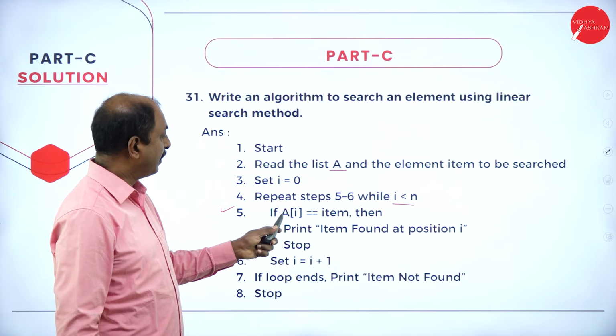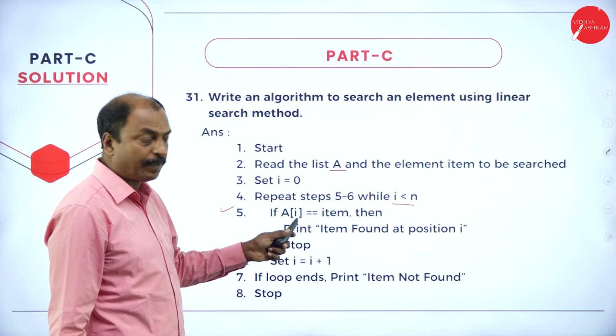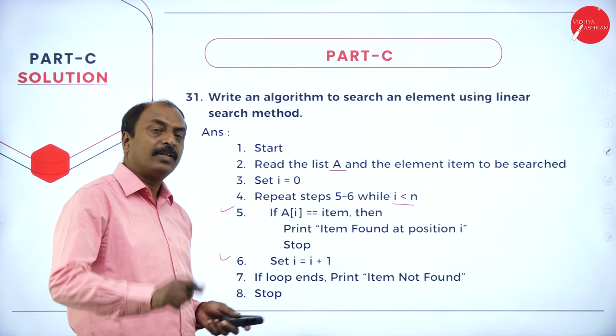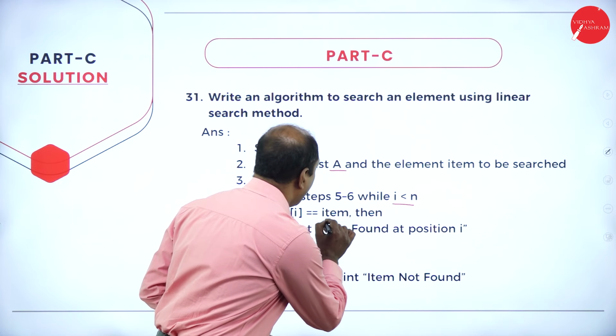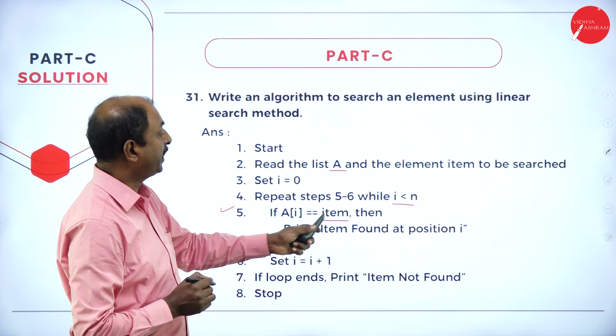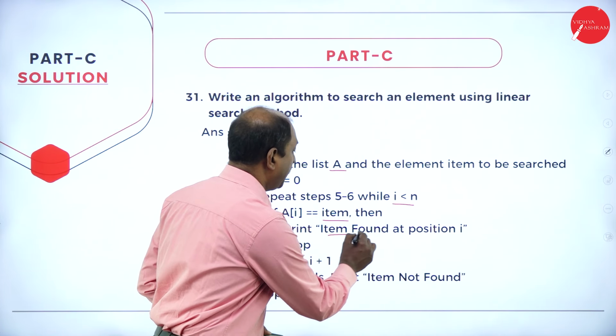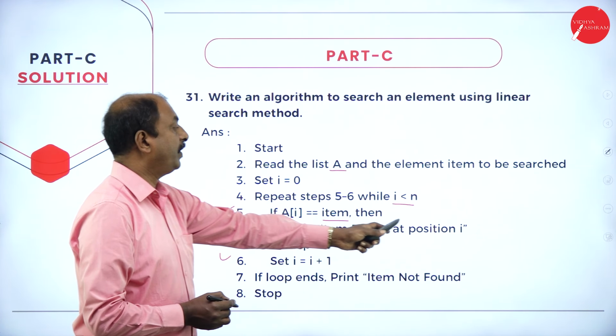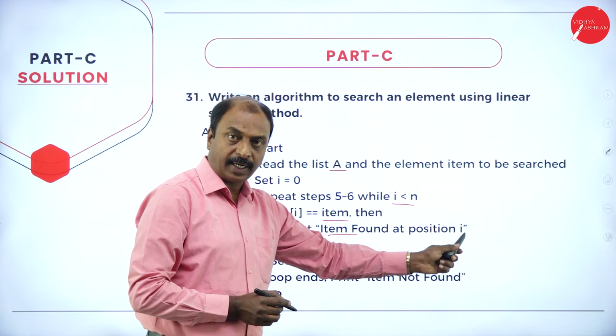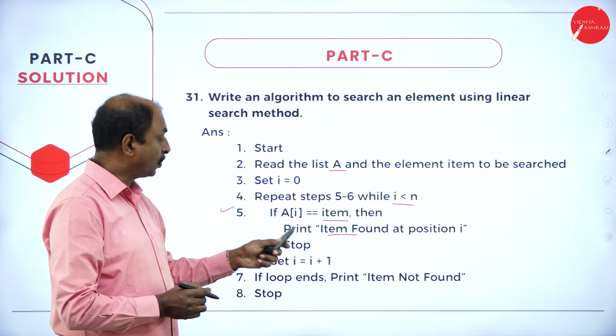Here I am comparing A of I, so A of 0 means comparing the first element with the item to be searched. If it is true, we print element is present, note down its position, that is I, and stop execution.